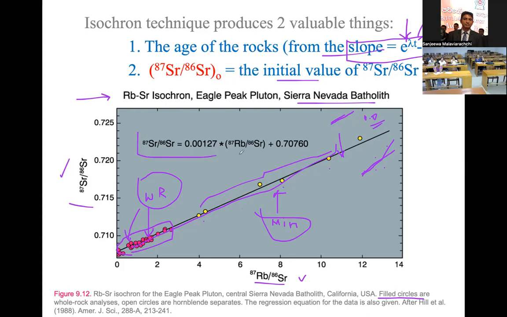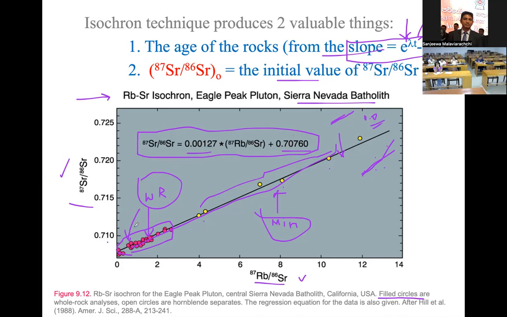So this is the equation. The numbers have been applied there, and you have generalized the equation with these numbers. This is the intercept value, 0.7 something, and the gradient, sorry, yeah, this is the gradient and this is the intercept. 0.00127 is the gradient, and this is the intercept, right?